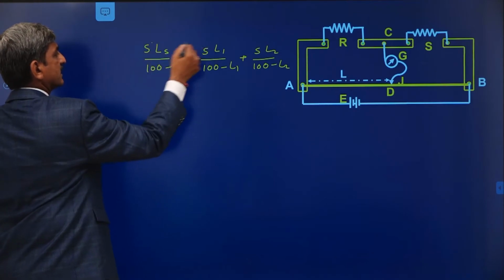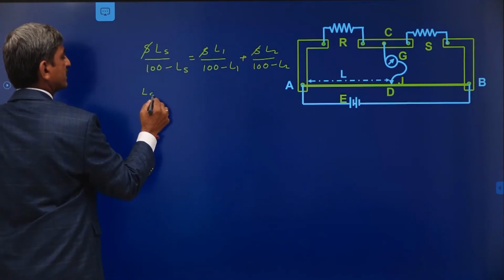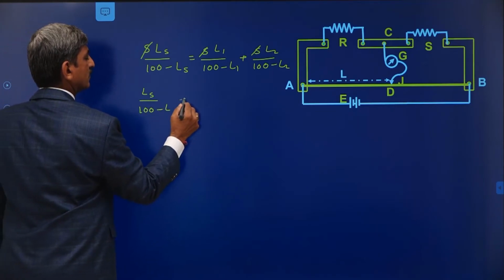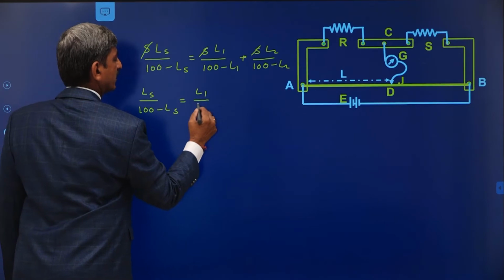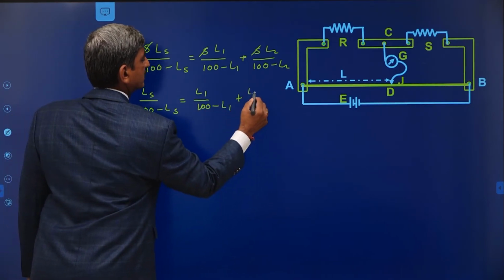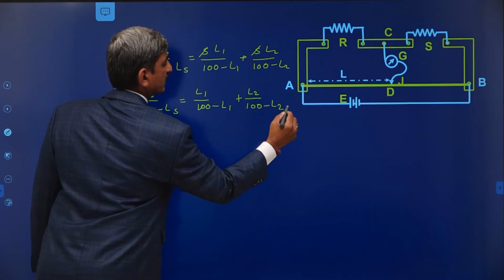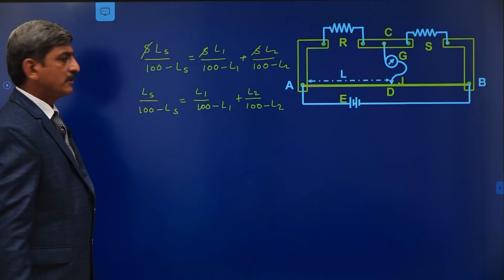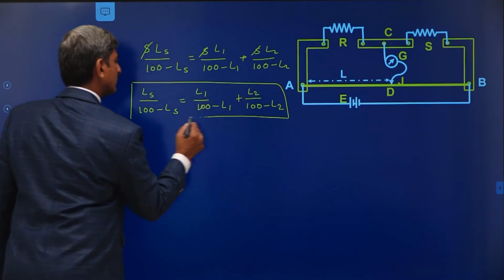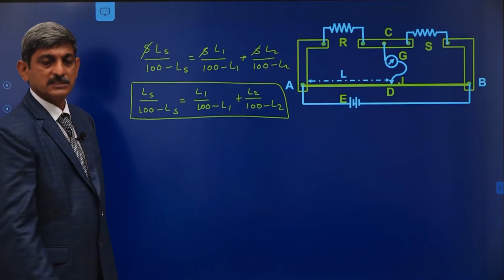Here S cancels and LS by 100 minus LS is equal to L1 by 100 minus L1 plus L2 by 100 minus L2. So this is the general formula obtained for the given case.